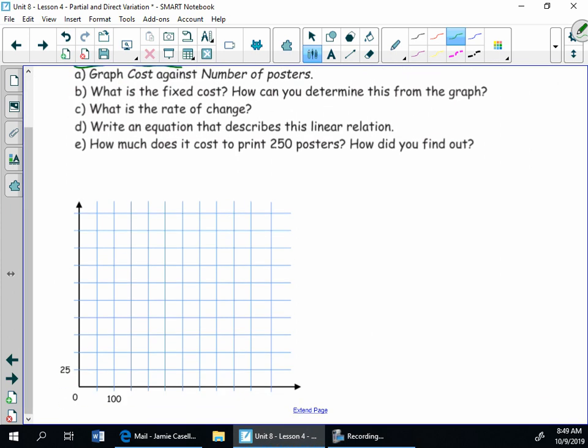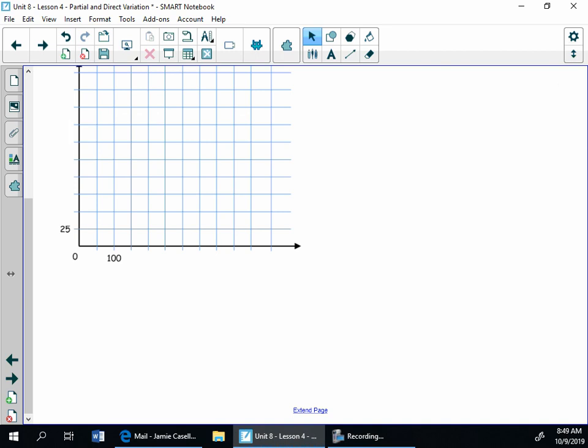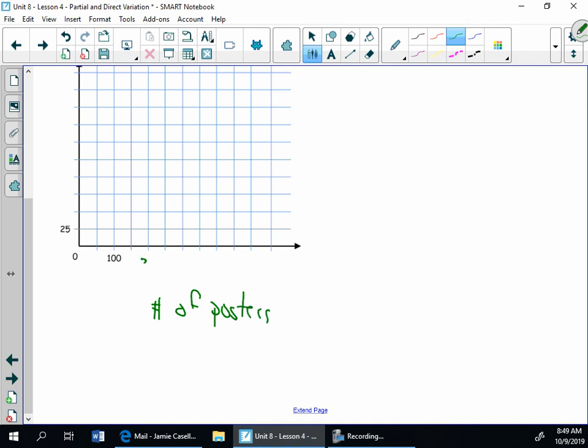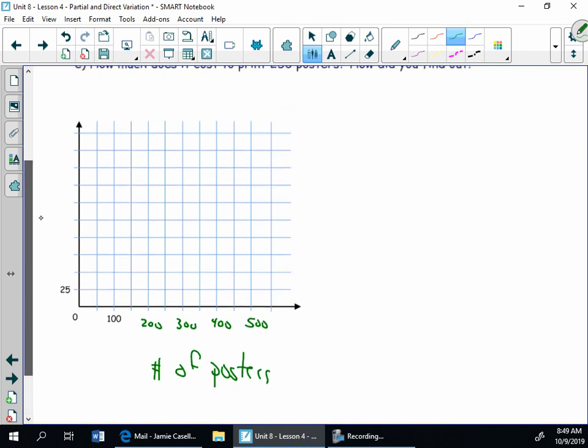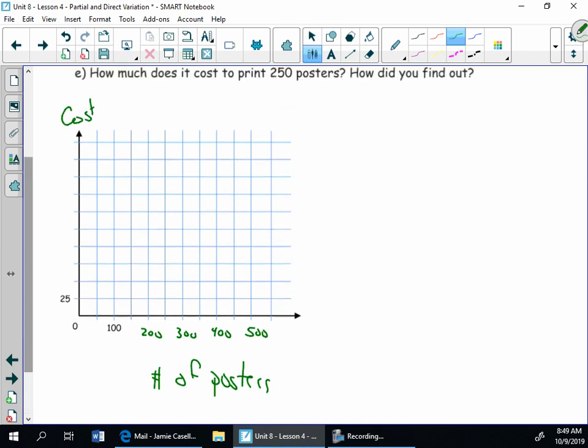So I've started the graph for you. On the bottom is my number of posters, and I gave you a scale: 100, 200, 300, 400, 500. Up the side is our cost: 50, 75, 100, 125, 150, 175, 200, 225.